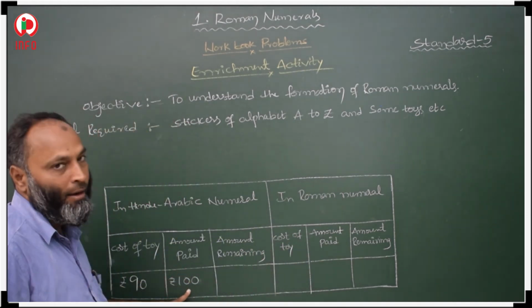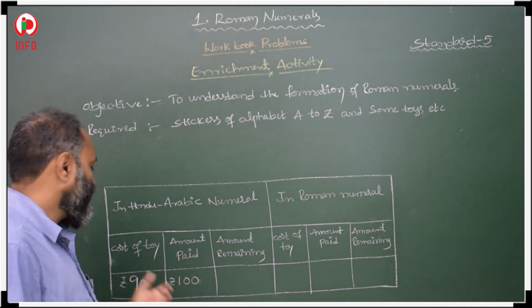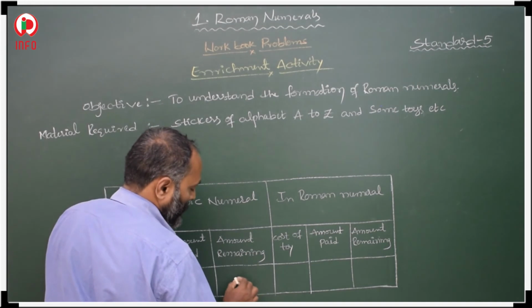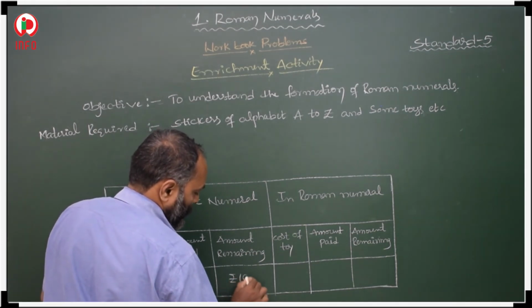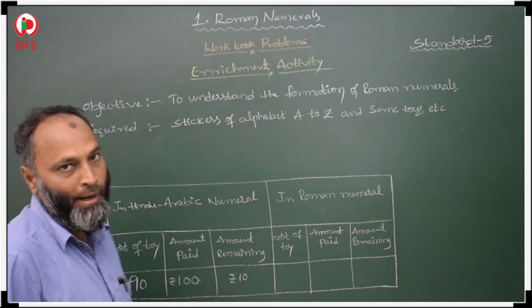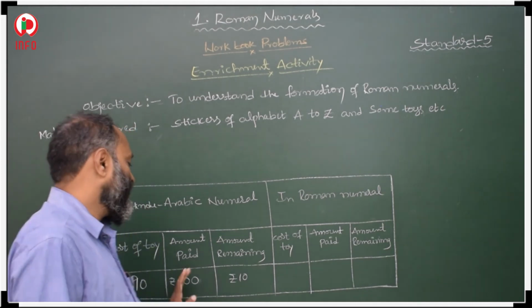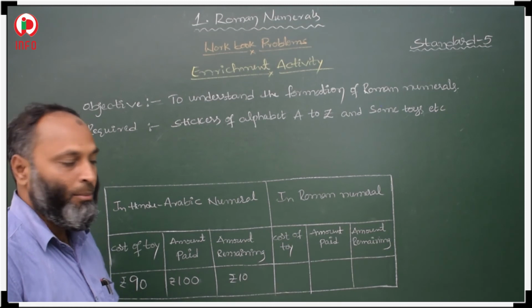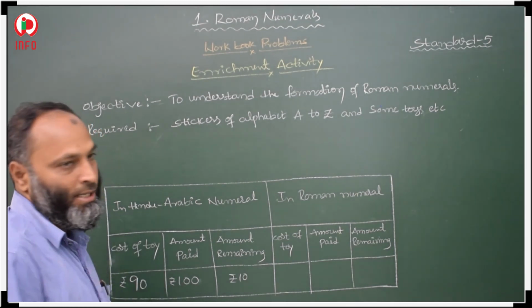Why? Because he paid 10 rupees extra. The actual price of the toy is 90 rupees, so he has to return 10 rupees, because 100 minus 90 is 10.